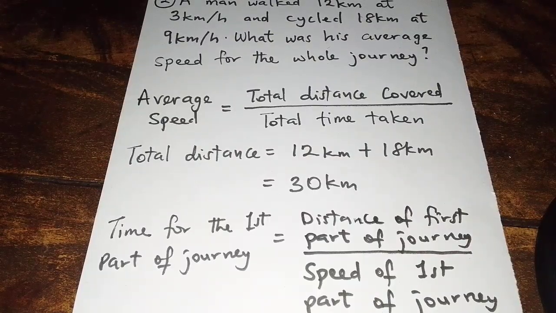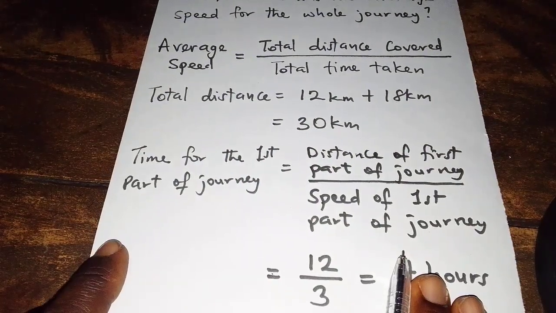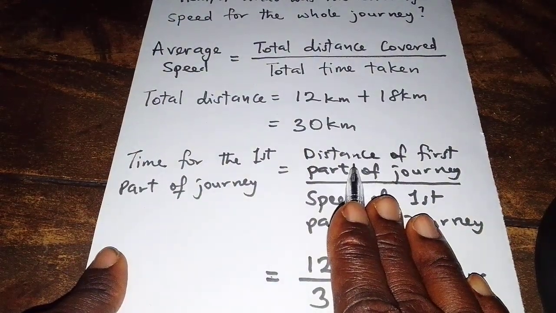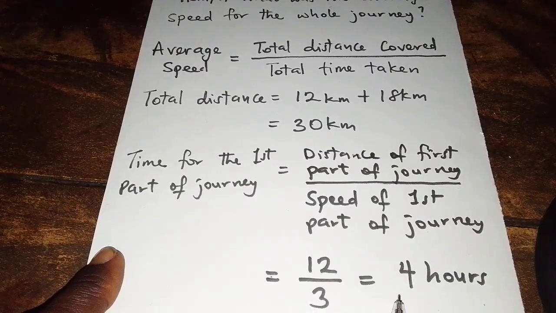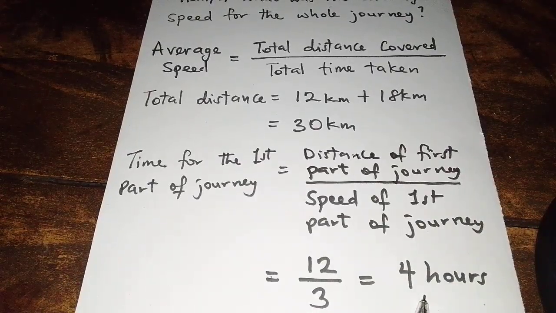So 12 kilometers divided by 3 kilometers per hour. If we divide 12 by 3, it will take the man 4 hours to walk 12 kilometers.